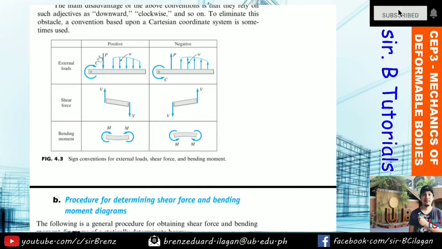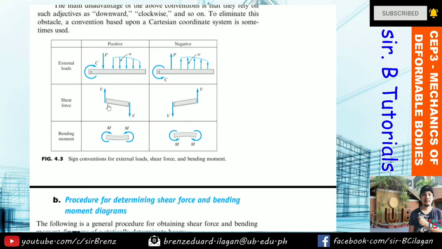Next, you have a concentrated load which is directed downward, and the uniform or non-uniform load which is directed downward. Vice versa when negative: a counterclockwise couple, a concentrated load P that is upward, and likewise for the uniform or non-uniform loading.